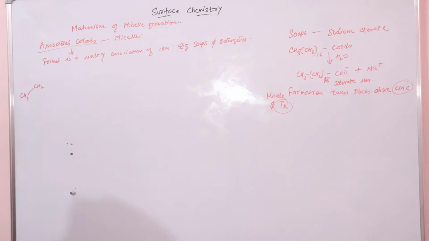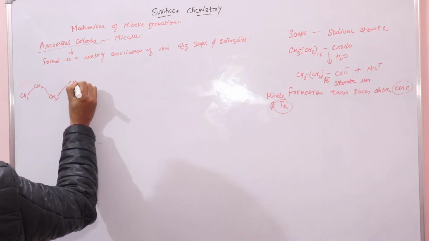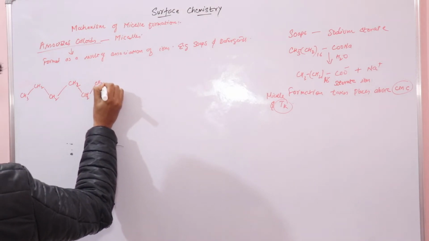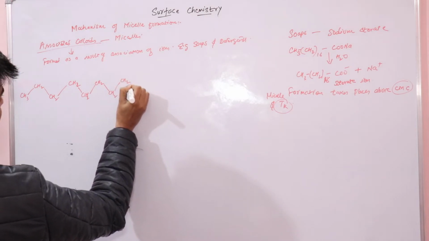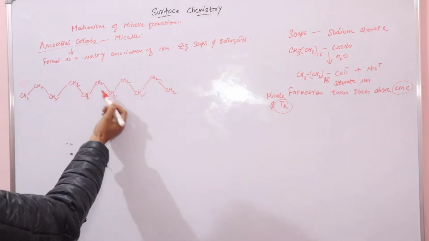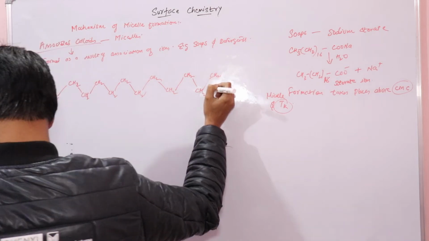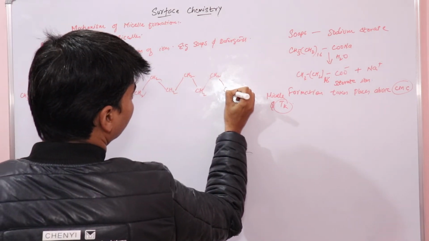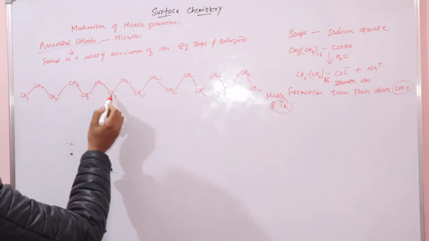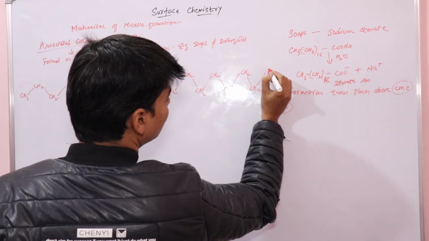We have 16 CH2, 16 methylene groups and 1 methyl group, counting 1, 2, 3, up to 16 CH2 groups, then you have COO.